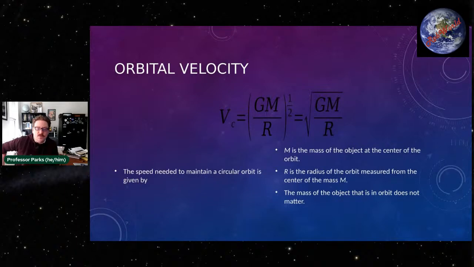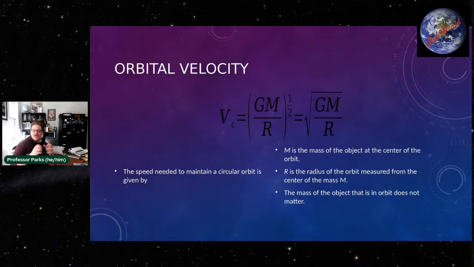We can look at exactly what kind of speeds we're talking about. So if we look at the amount of velocity that is required to put something into a circular orbit, or essentially have something fall without hitting the Earth ever, you can see that it is... You can play around with the math, and if you're curious, please put in the comments, and I will make a short video actually doing the algebra for you to make this clear.